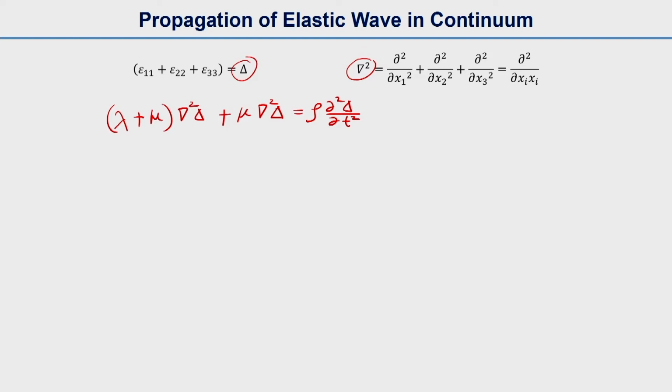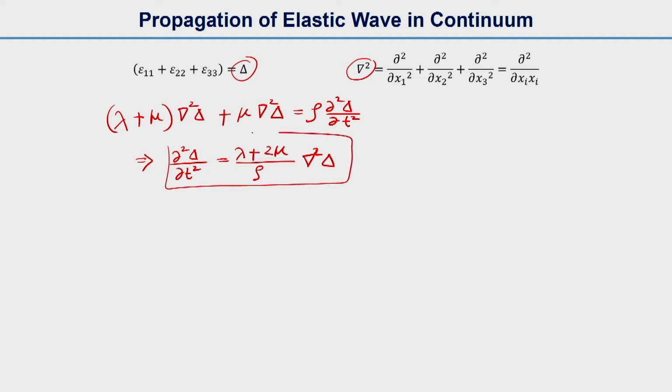We can rearrange that, and that will give you the double partial of delta with respect to t is equal to lambda plus twice mu, both are Lamé constants, divided by your density, times the nabla operator with delta. So this is the equation for longitudinal wave.